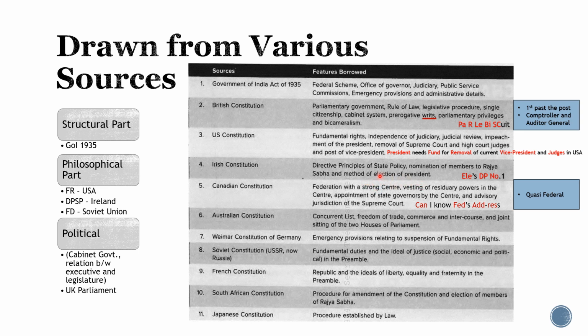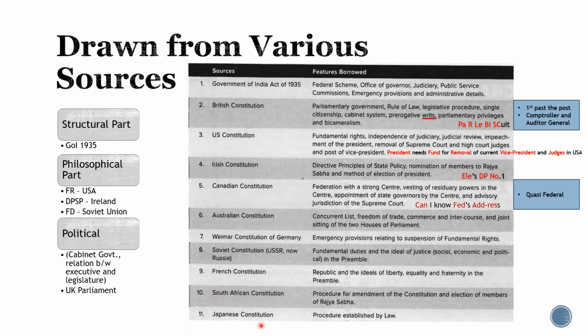So, Irish Constitution gives us election of president and nomination of Rajya Sabha members, and South African Constitution gives us the election of Rajya Sabha members. Procedure of amendment of the Constitution is also borrowed from the South African Constitution.